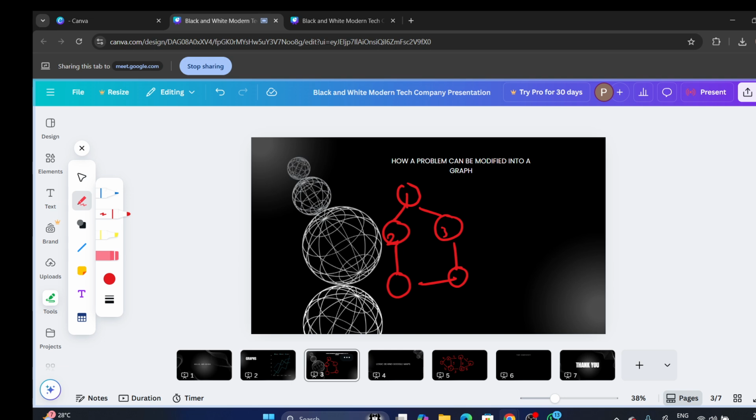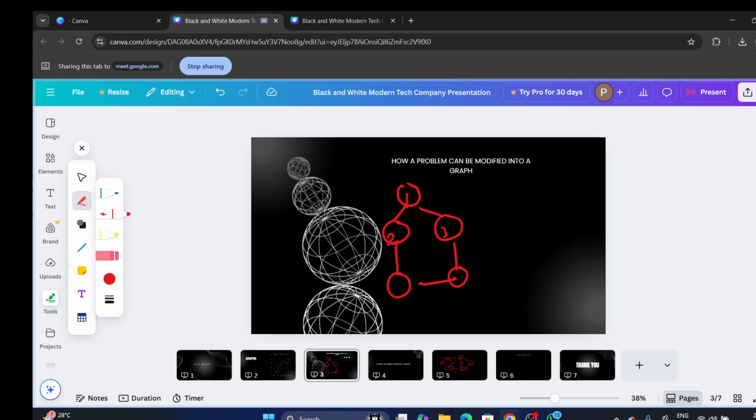So that means each place can be modified into a vertex. And the distance between your place vertices can be considered as an edge. So you need to visit a particular vertex only once and you should not visit the vertex a second time or third time, more than once.